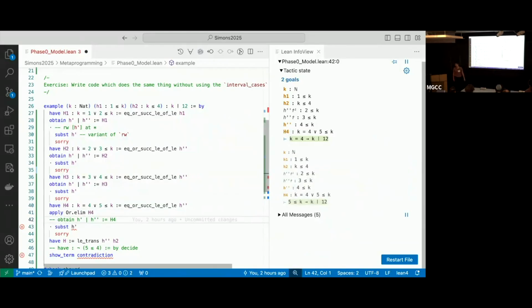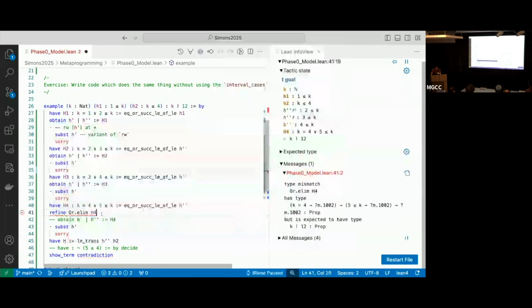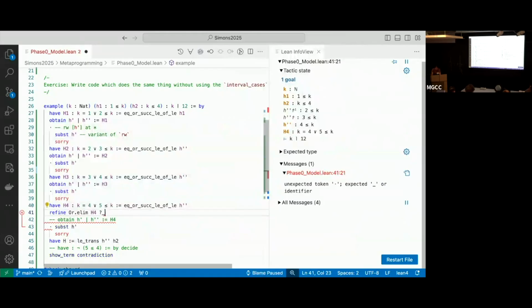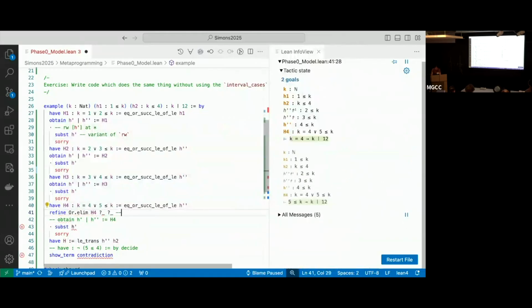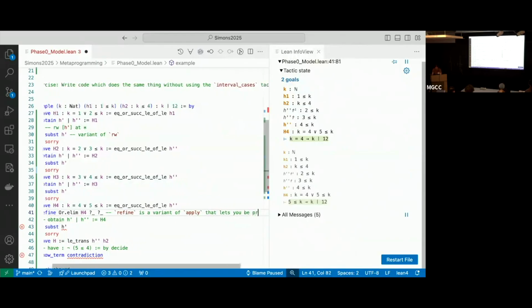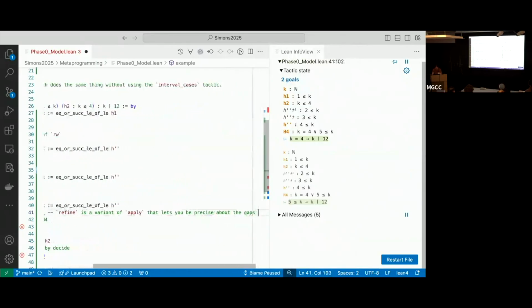And in both of these cases, I'm going to maybe write this using refine, which is a nice variant of apply. But the nice thing about this refine tactic is that it lets you be precise about the gaps you leave.